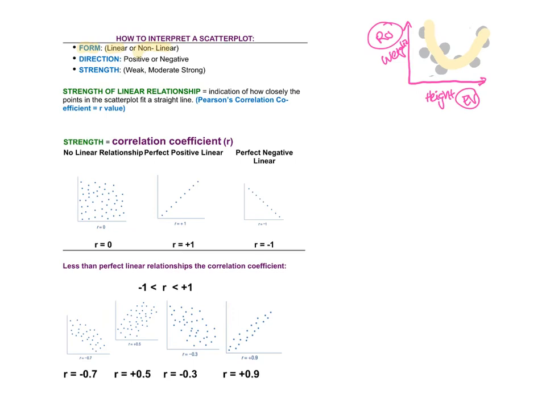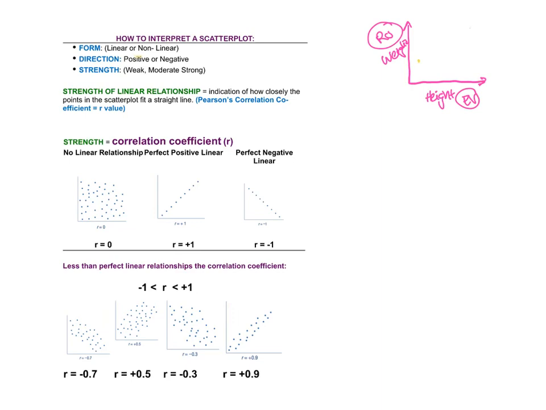So you just have a rough look at it, and we do test later on next year if it's linear or non-linear accurately. But you just have to have a general look, and most of them are going to be linear. The next thing we look at is the direction. Are those dots going in an upward or downward gradient?